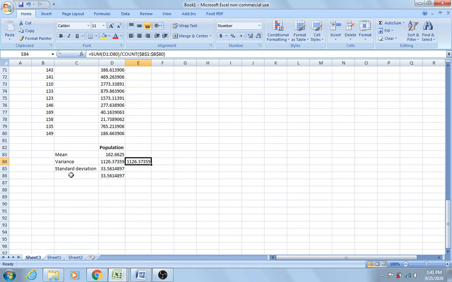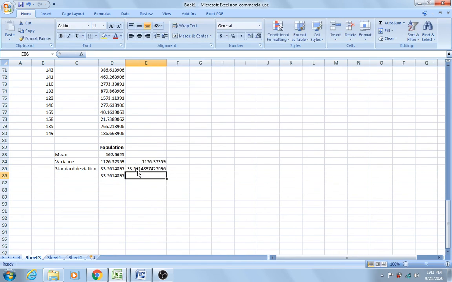So this is if we follow the formula that we have. If you want to calculate the standard deviation, you just need to take the square root of it, or raise it to the power of 0.5. So it is exactly the same.